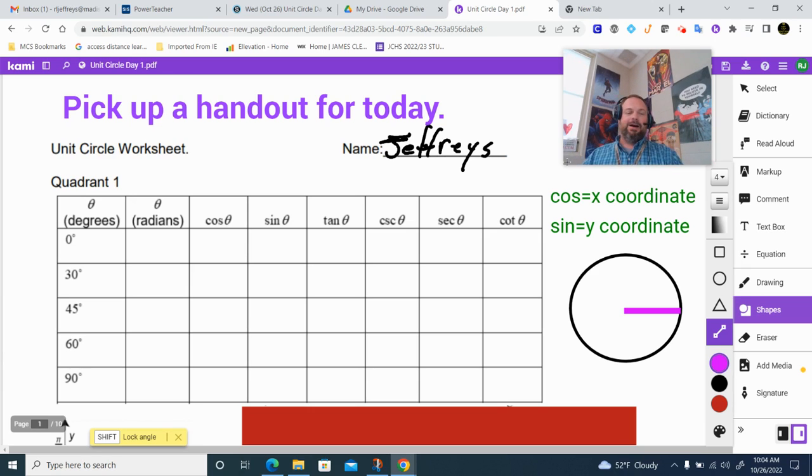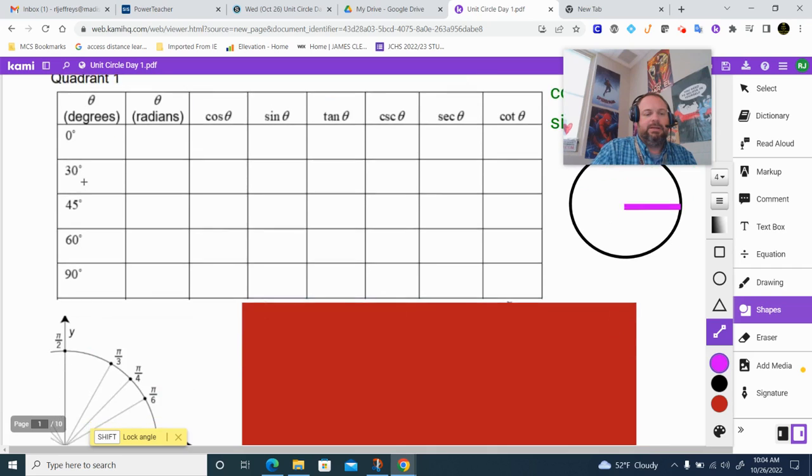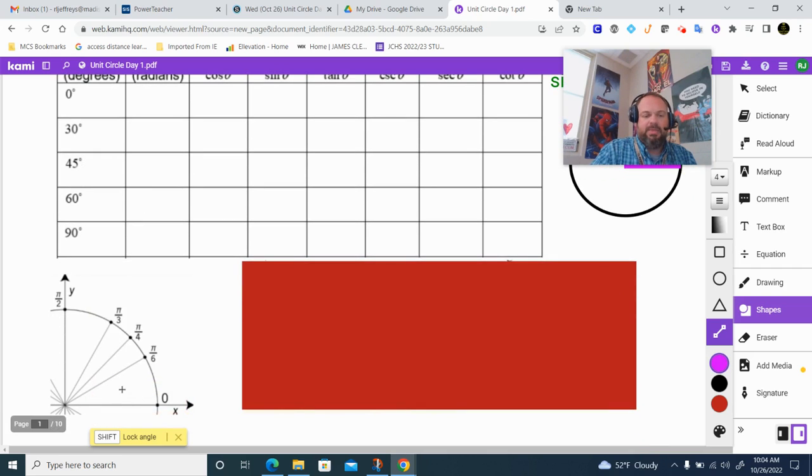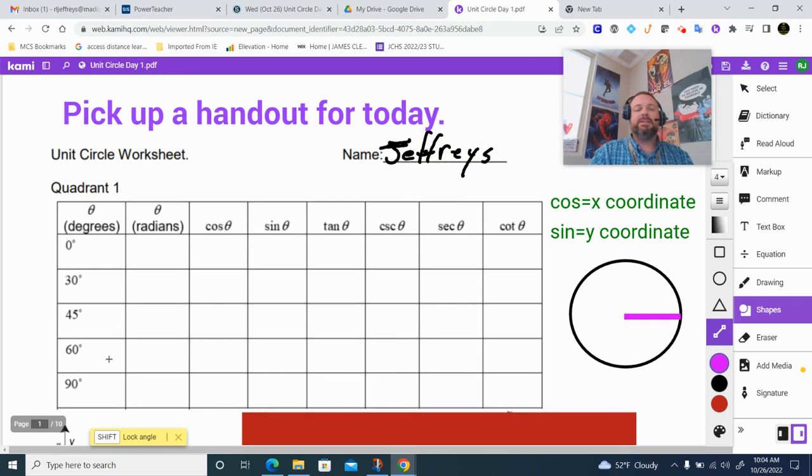Okay. All right. So now, below your chart here is kind of what this looks like in this first quadrant. Now, a couple things that you should know. Cosine is going to be your x coordinate. That might be muy importante for today's homework. Sine is going to be your y coordinate. Okay.